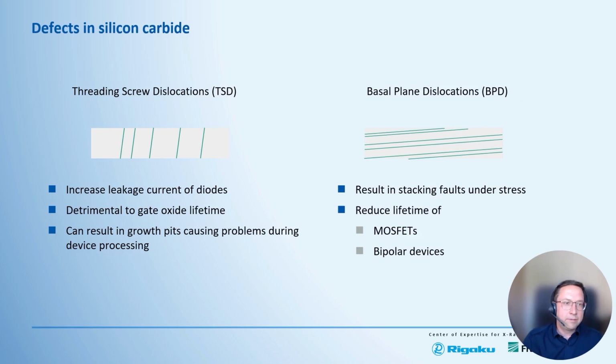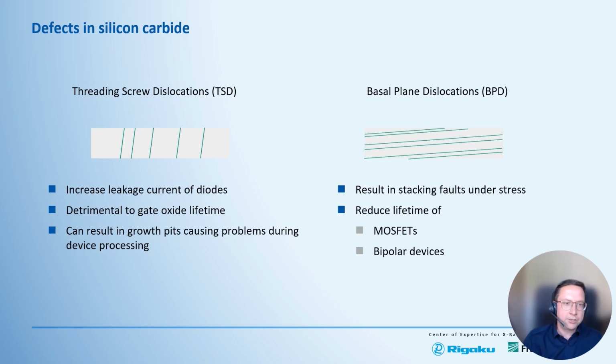Let's have a look in a little more detail at the different relevant dislocations which occur in the silicon carbide substrate. On the left-hand side, we have the so-called threading screw dislocations, the TSDs, and on the right-hand side, we have the so-called basal plane dislocations, the BPDs.